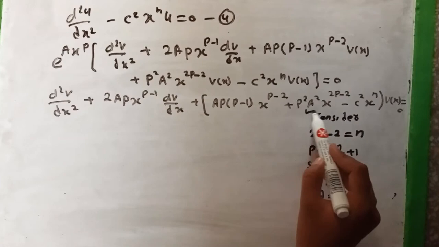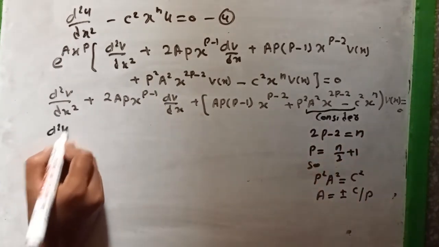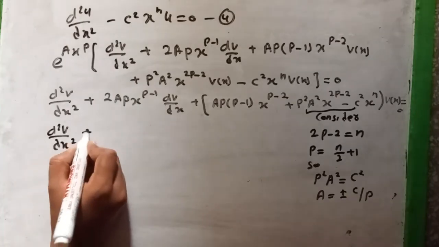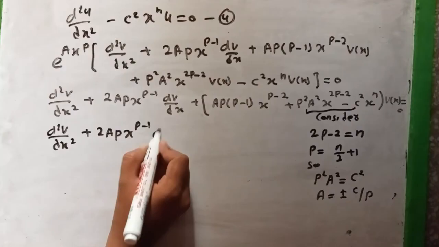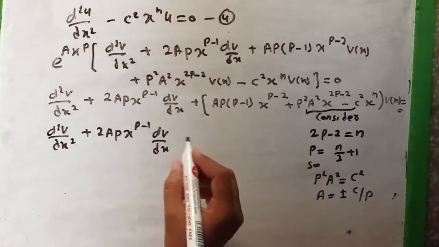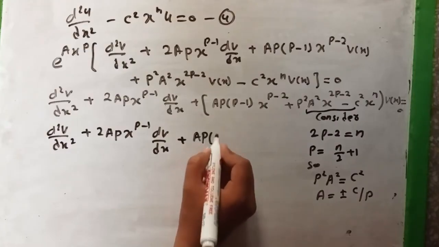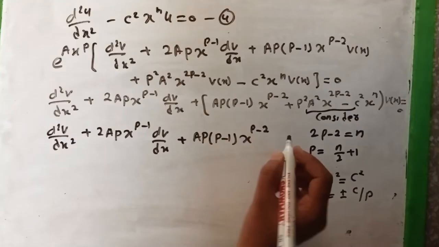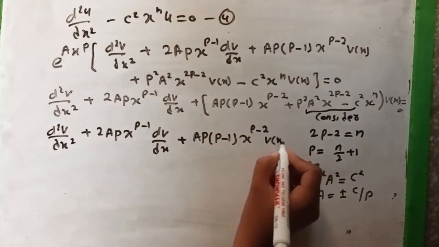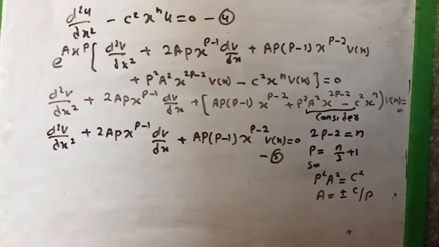So these last two terms are equal to 0. So this becomes d square v over dx square plus 2 a p x raised to power p minus 1 dv over dx plus a p multiplied by p minus 1 x raised to power p minus 2 v of x is equal to 0. This is equation number 5.